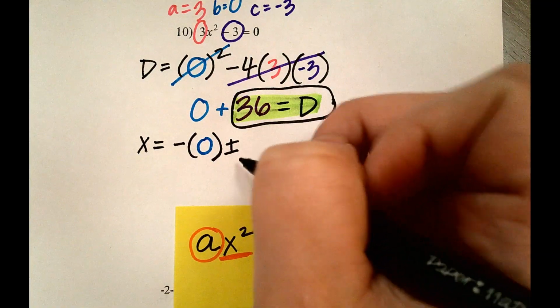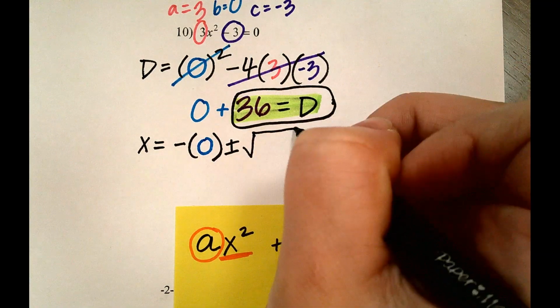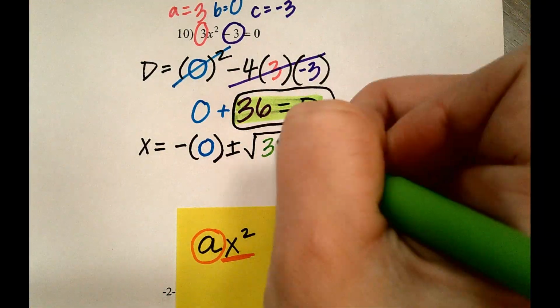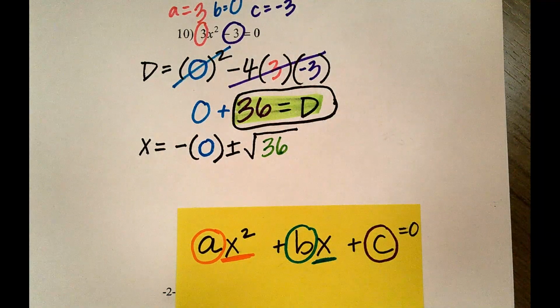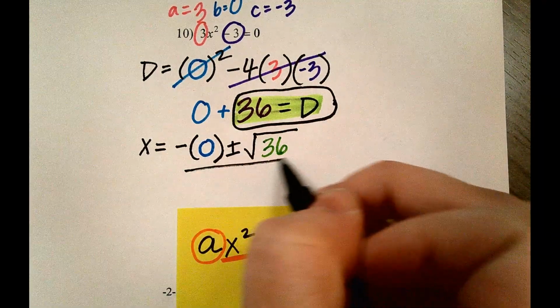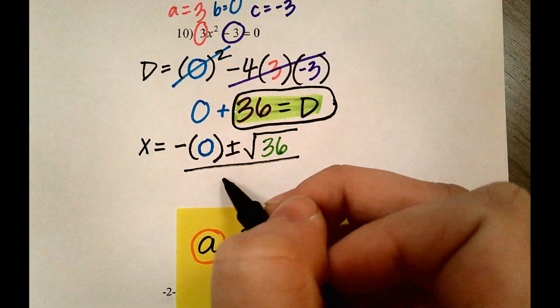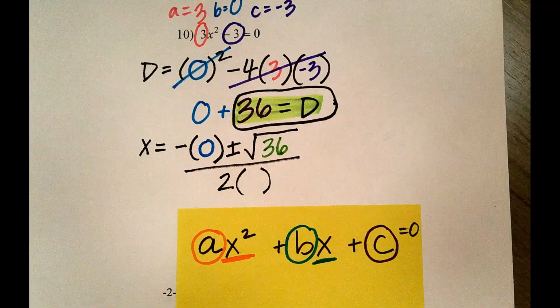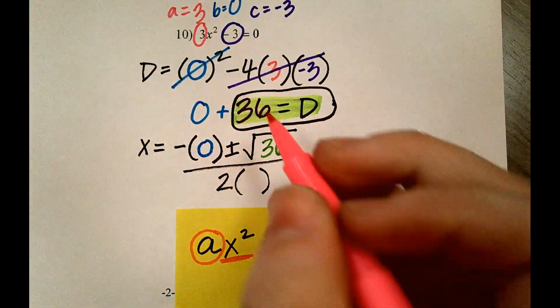What's that called? Square root. Square root, yeah. Okay. Square root of 36, over 2 and the A. Good. 2A, and A is 3.